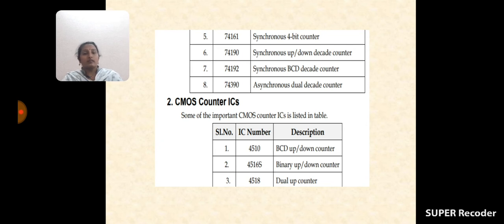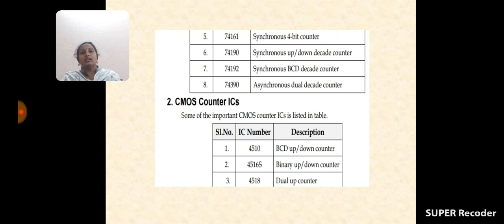Okay. Coming to the next group of ICs, these are CMOS counter ICs. In CMOS counter ICs, the ICs are designed with the help of CMOS technology. What is the full form of CMOS? Complementary metal oxide semiconductor technology. So what was the previous one?